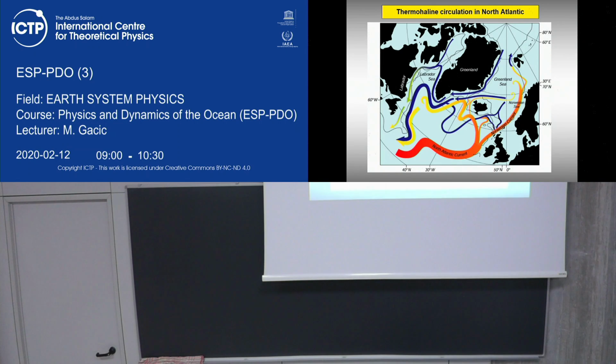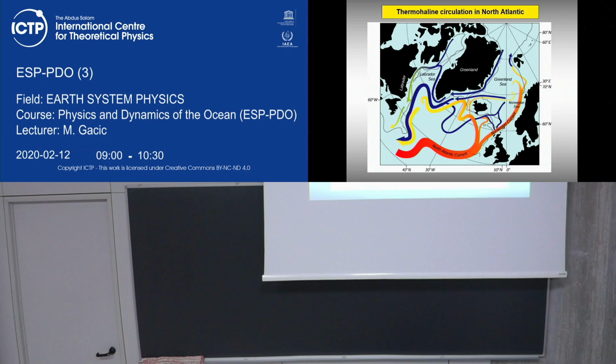Just to give you an idea of how big this is, the biggest river, which I think is the Amazon or whatever, has a discharge on the order of a few 100,000 cubic meters per second. So we have 30 million with respect to 300,000 cubic meters per second of river discharge.